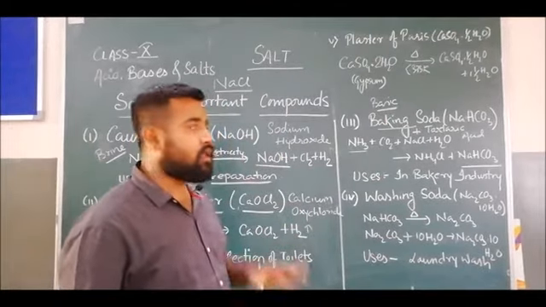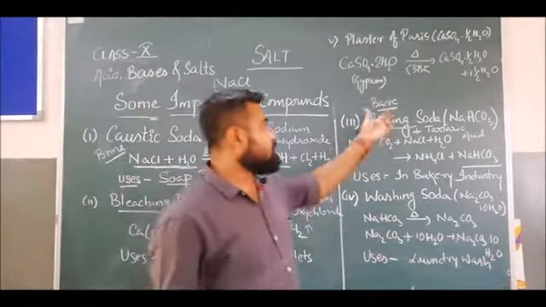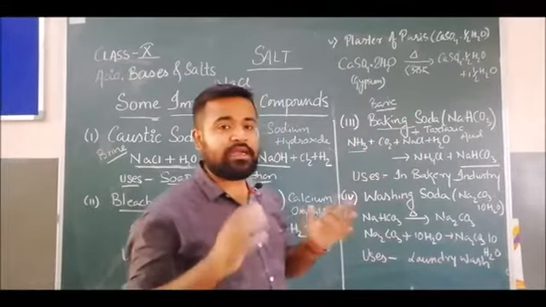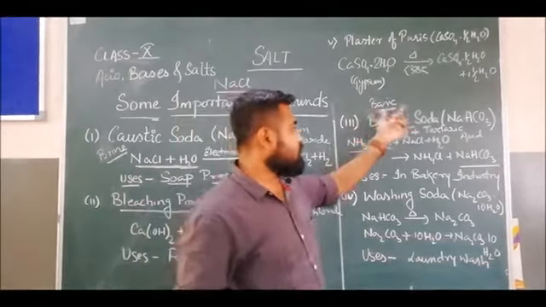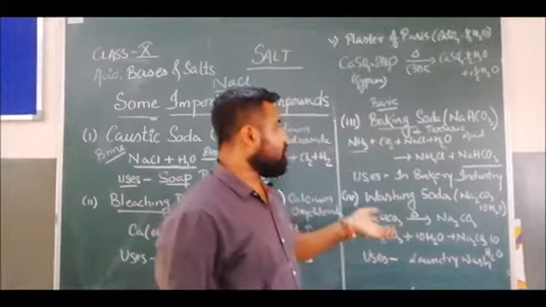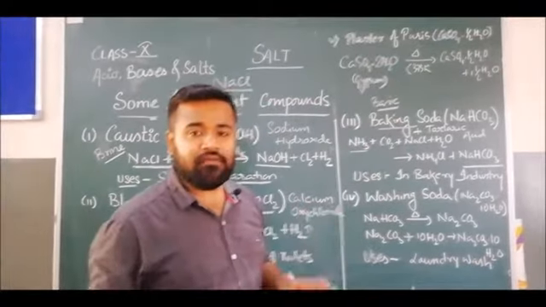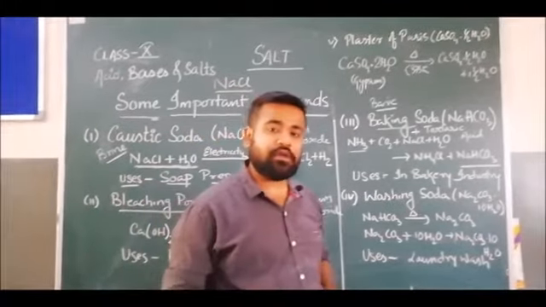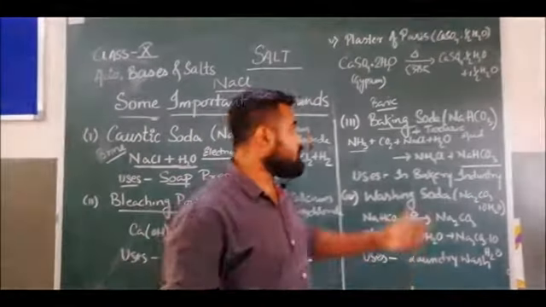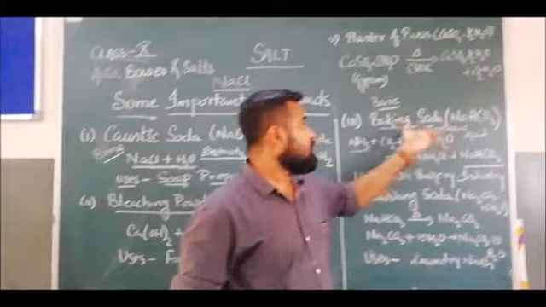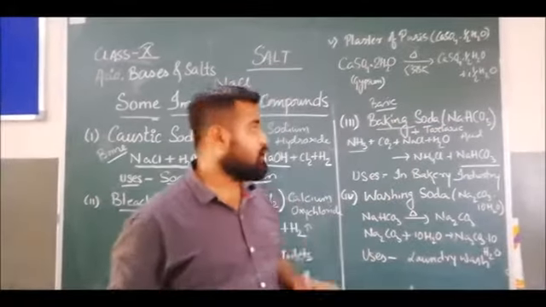So when the tartaric acid is added, the basic nature of the baking soda will get neutralized, because this is base, this is acid. So when we are adding tartaric acid to baking soda, the bitterness of the baking soda goes away. Why? Because the tartaric acid neutralizes the baking soda.